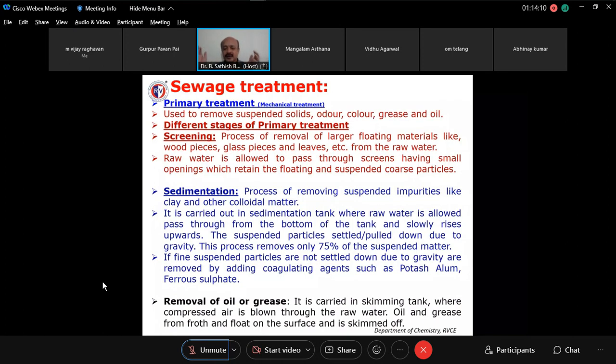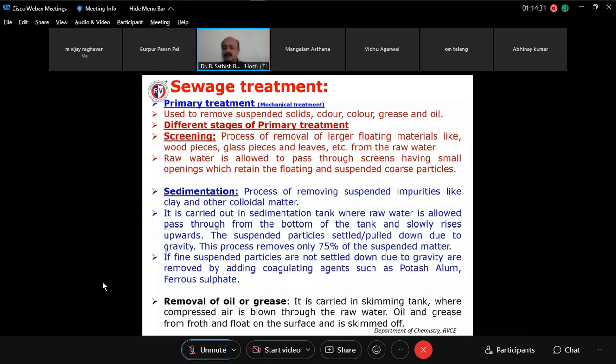For that, you have to take this raw water into the skimming tank and blow oxygen or air. This oil and grease will be converted into foam, and this foam floats on the surface of the water. You can just skim it off, and the resulting water will be free from oil and grease.